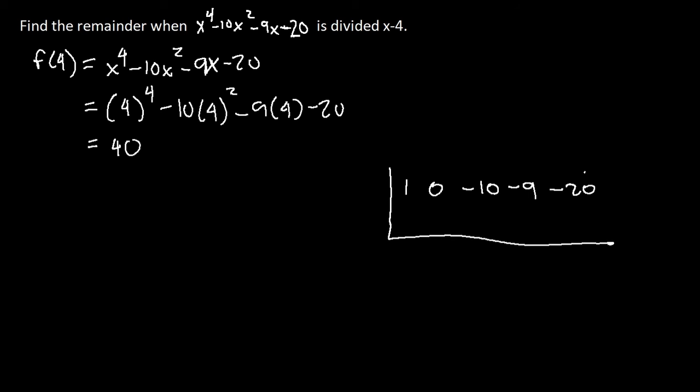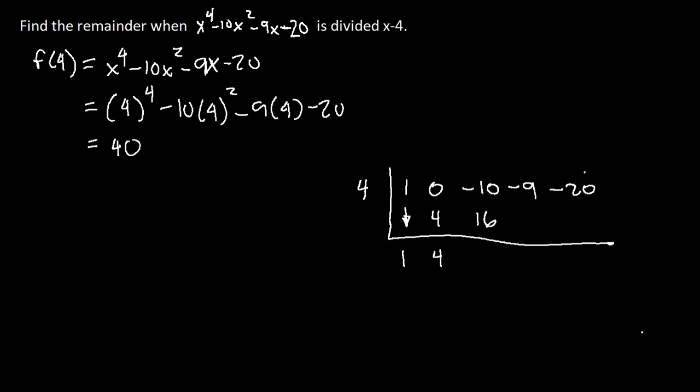Our factor is x minus 4. That means the 0 is positive 4. And we write it here. Now in synthetic division, remember to multiply and then add and repeat the process. So let's bring down 1 and multiply 4 and 1. 4 times 1 is positive 4. 0 plus 4 is 4. 4 times 4 is 16.